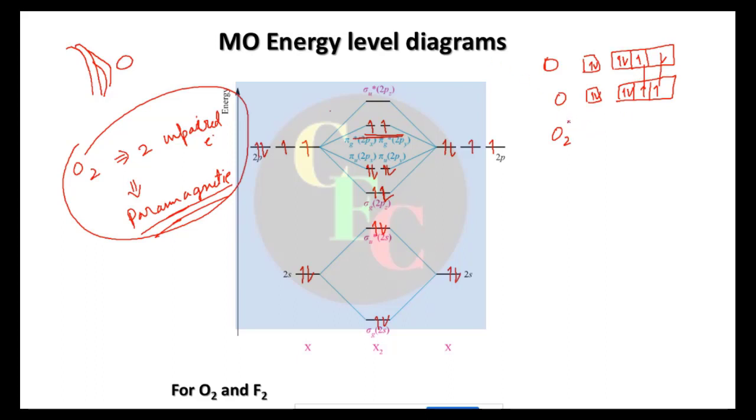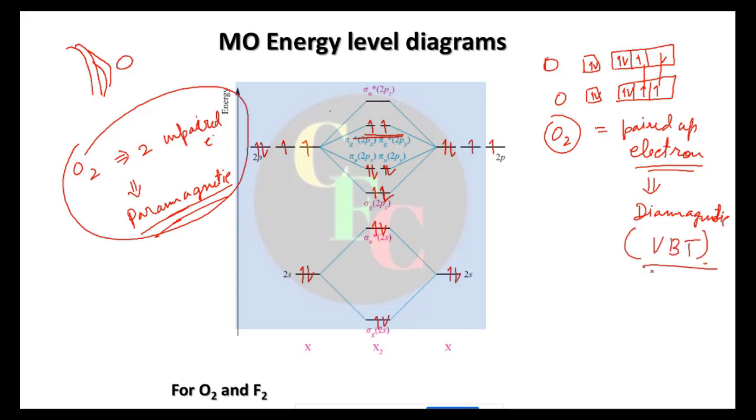According to VBT, the oxygen molecule has all paired-up electrons, and as such it is diamagnetic. This is the VBT picture, right? But experimentally it was found that oxygen was paramagnetic. This could not be explained by valence bond theory. This was actually explained by molecular orbital theory, and this was one of the earlier triumphs of MOT over VBT.